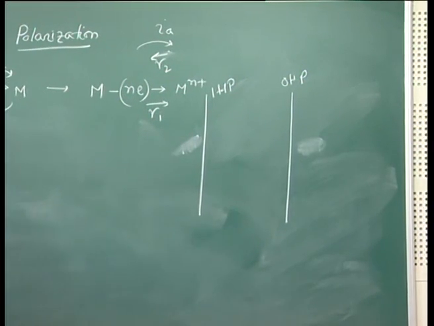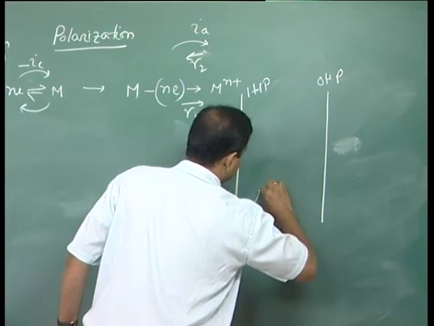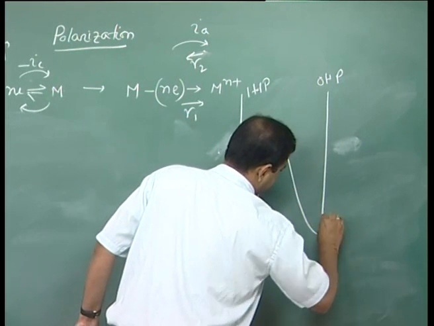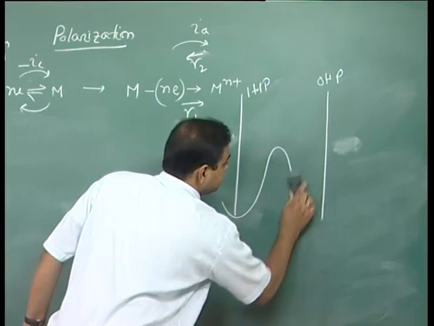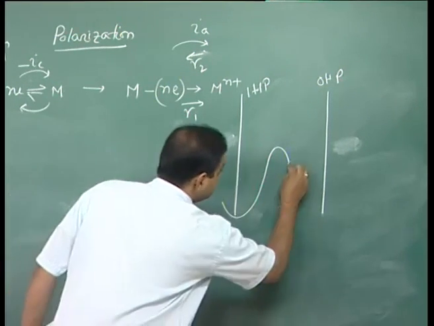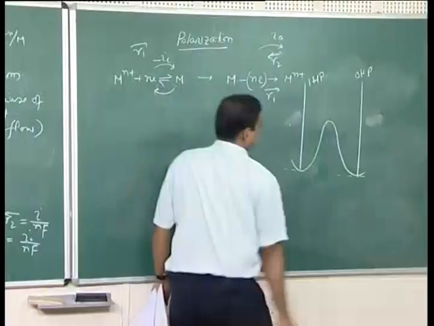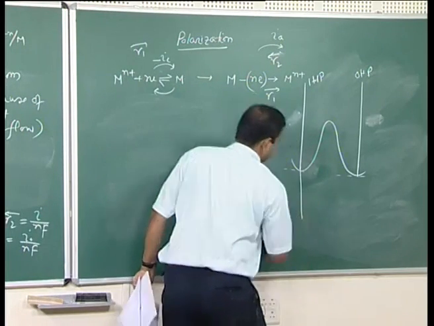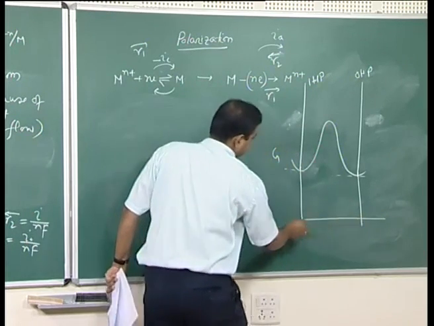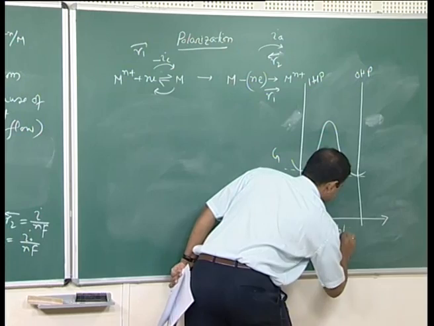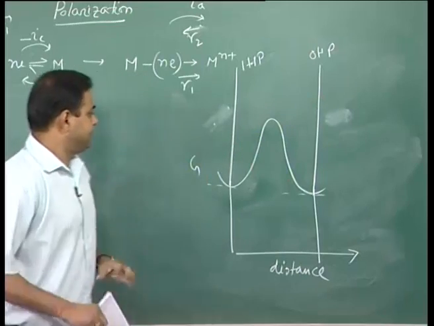When this is at equilibrium, let us say this is my free energy, this is distance, this is IHP, this is OHP.